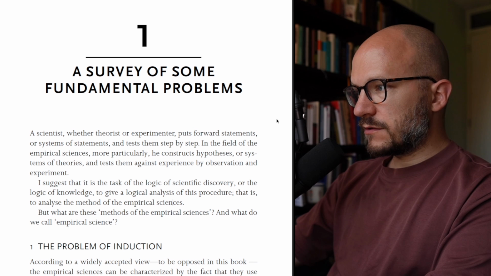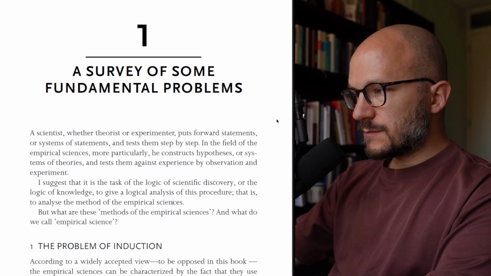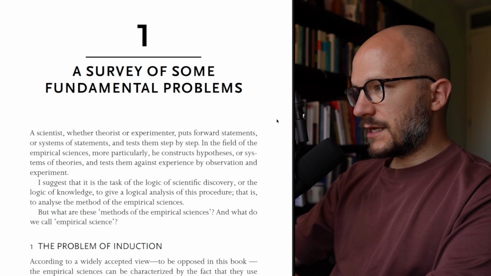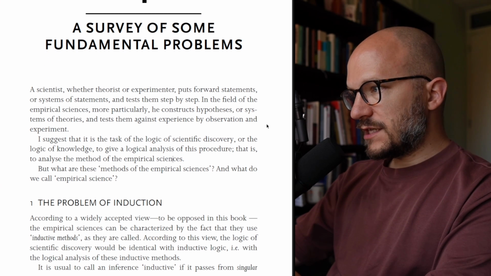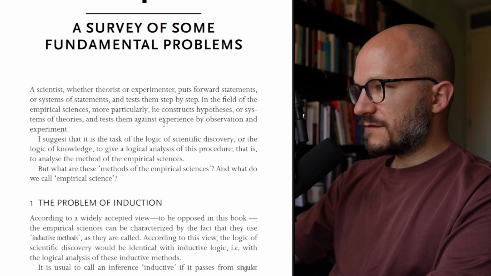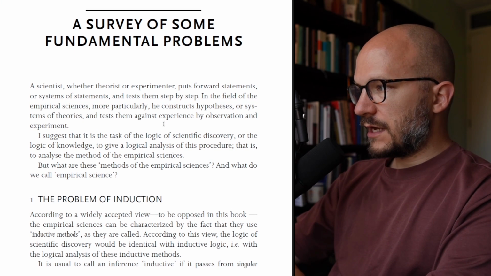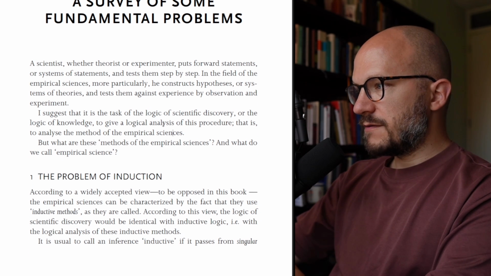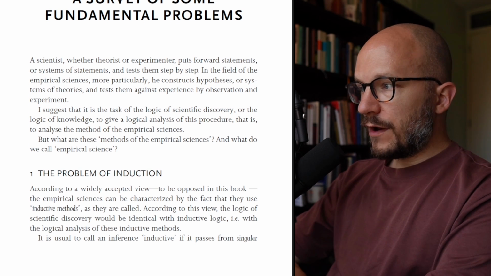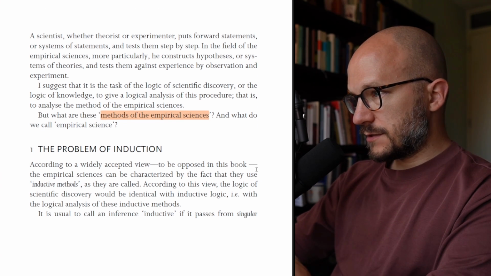In the field of the empirical sciences more particularly, he constructs hypotheses or systems of theories and tests them against experience by observation and experiment. I suggest that it is the task of the logic of scientific discovery, or the logic of knowledge, to give a logical analysis of this procedure, that is, to analyze the method of the empirical sciences. But what are these methods of the empirical sciences? And what do we call empirical science?